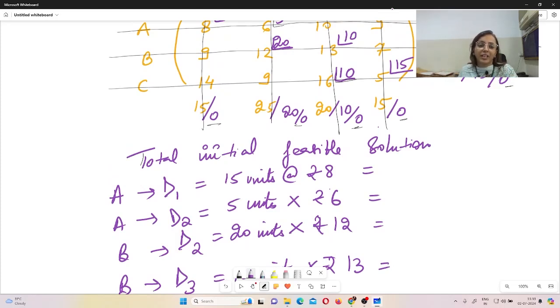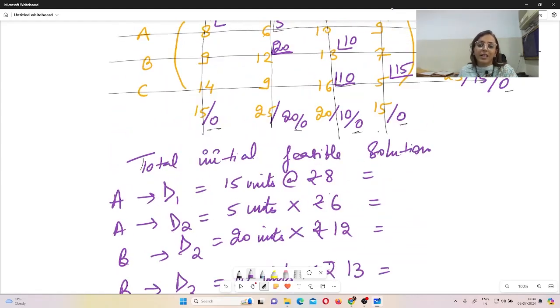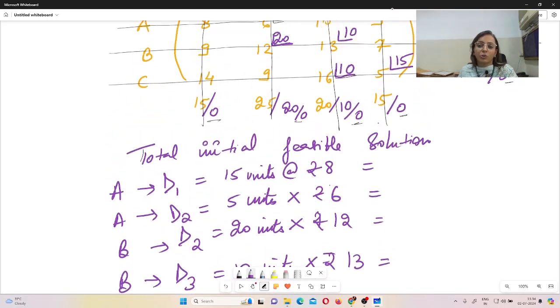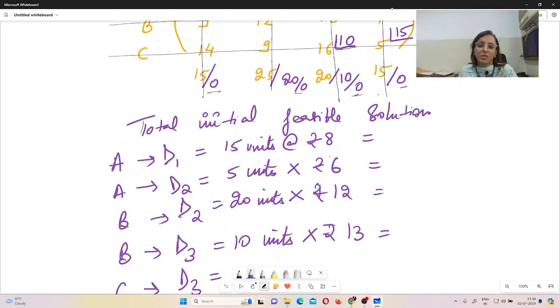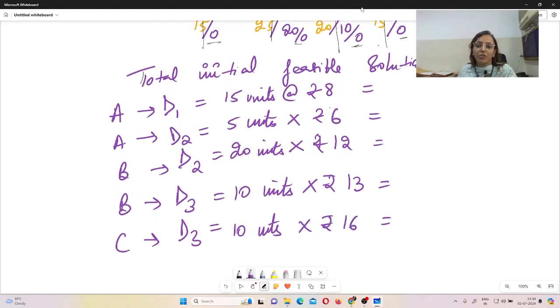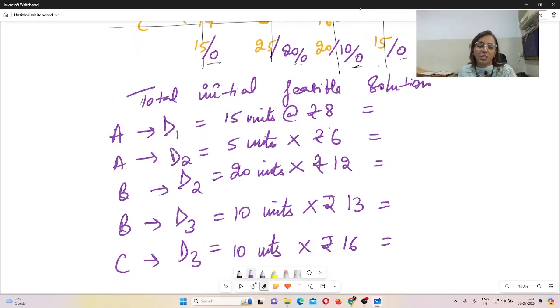Now we have to check: from C we have to give the allocation to D3 and D4. From C we have to give the allocation to D3, that is 10 units at a rate of rupees 16. So for D3, how many units do we have to give? 10 units at a rate of rupees 16, and 15 units at a rate of rupees 5.